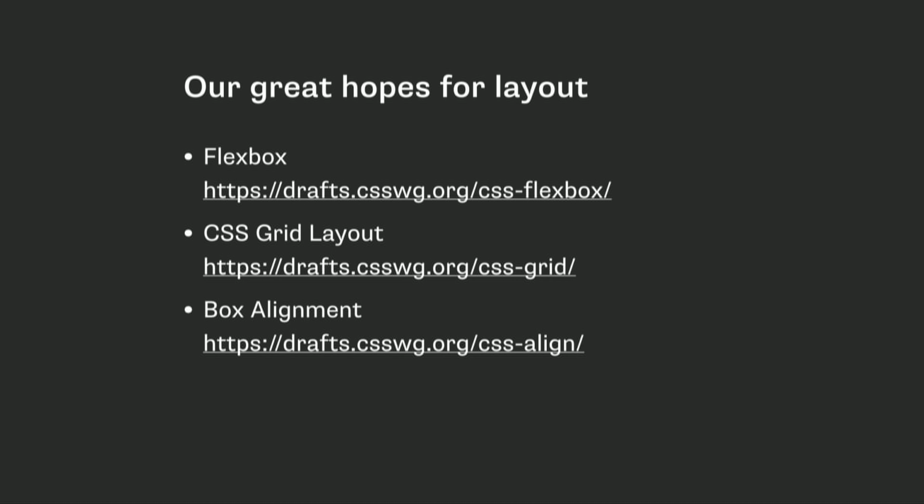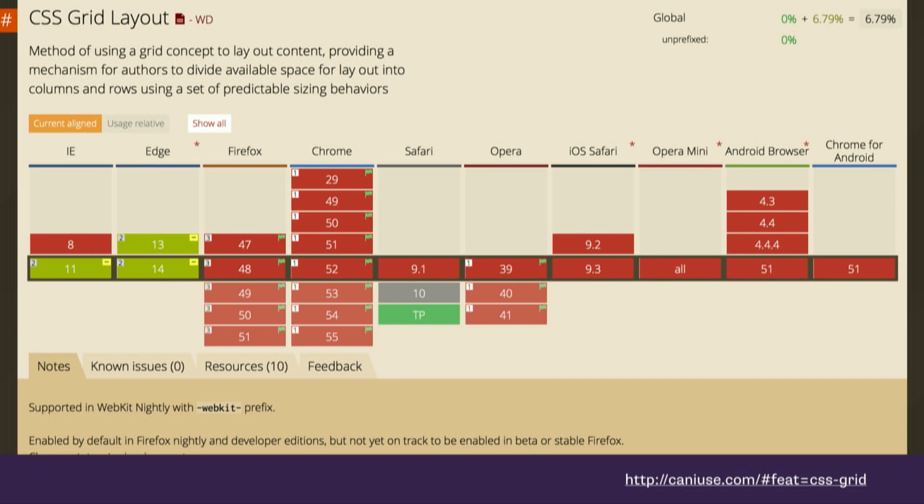Browser support for the biggest of these three specs, Grid Layout, looks like this, IE only. And that's because this specification actually originated with Internet Explorer. The first draft was implemented in IE 10, so you can say thank you to Microsoft and the IE team for the fact that we have Grid at all.